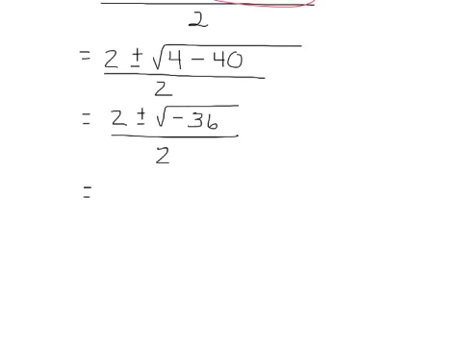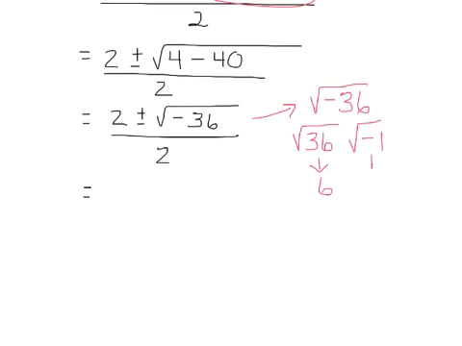And finally, our square root of negative 36 can be broken down to be square root of 36 times the square root of negative 1. And we know the square root of 36 comes out as a 6, because 6 times 6 is 36, and the square root of negative 1 is defined as the imaginary unit i.